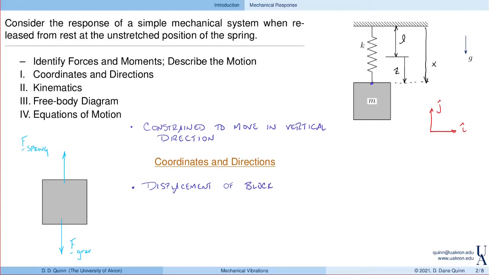If I define this point as, say, point B, B for block, O here is fixed in the ground, then the position of B with respect to O is minus x in the j direction. So again, x describes the displacement of the block. Now, the force in the spring is based on the stretch.